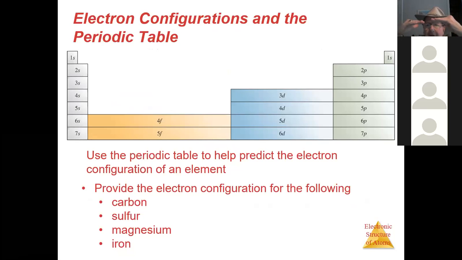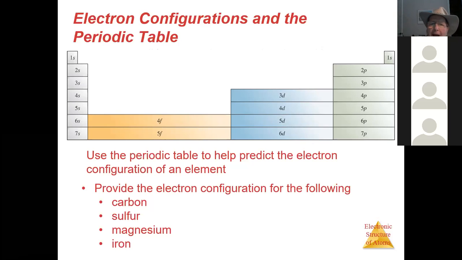The difference is d has 10 electrons in it. s only has 2. So the fact that there are 10 electrons in the d's makes that more energetically unstable. It has a higher energy than the 4s. So the 4s gets filled first, then the 3d gets filled.